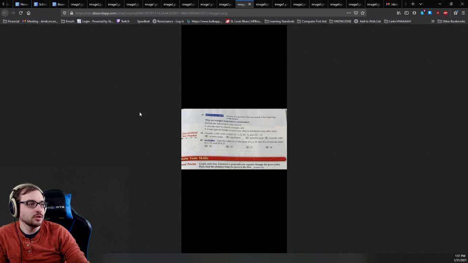Numbers and angles. Do you have an example that you could screenshot and send me, or take a picture of and send me? And I can do that right now.